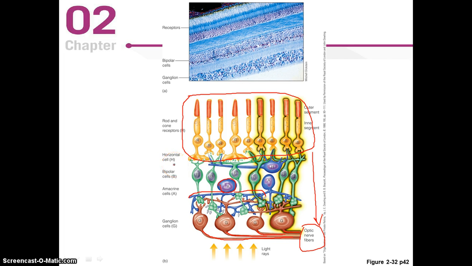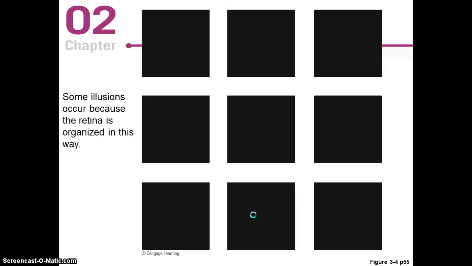There's a lot of convergence in the sense that signals from many rods are all converging onto a few ganglion cells, and it's the same thing for cones. The signals from many cones are converging onto just a few ganglion cells, and we'll see why this is important coming up in a second.